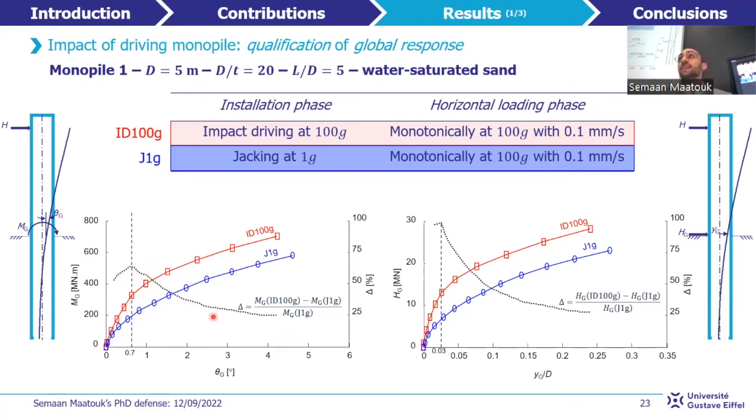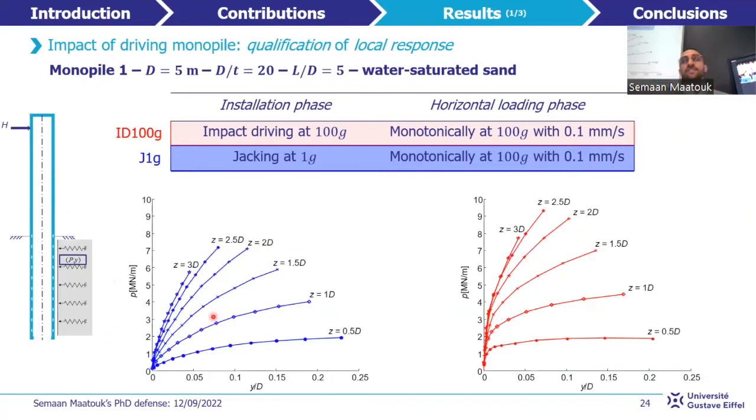In order to better understand this trend, it's necessary to focus on what's happening inside the soil. And here it is, the local response of the monopile for both installation methods and at different depths, every 0.5D. For small loading amplitudes, the P-y over D curves for the ID100G test, which is presented in red, are stiffer than those obtained for the G1G test.